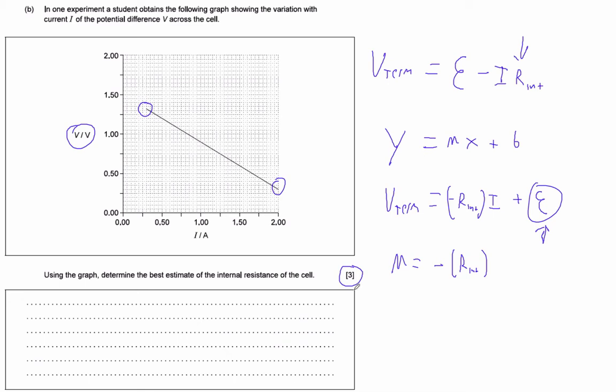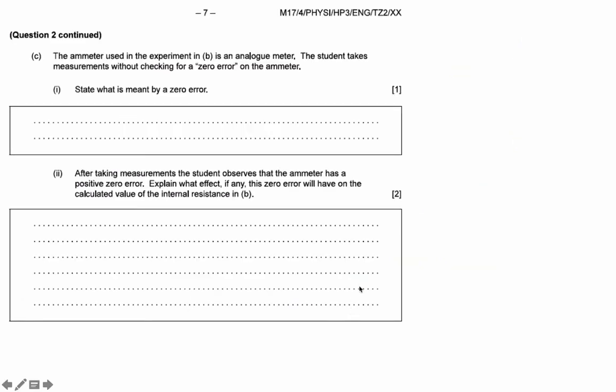Then it says, an analog ammeter is used in the experiment. The student takes measurements without checking for a zero error on the ammeter. State what's meant by a zero error. I actually had a job out of high school measuring zero error and range error. If you look at the formula for a line, mx plus b, an ammeter should have a 0 y-intercept.